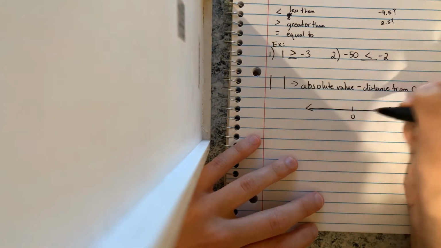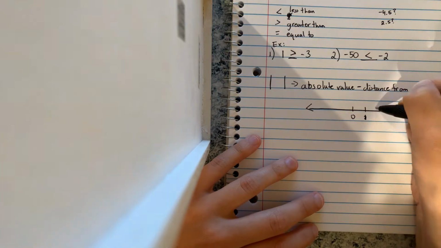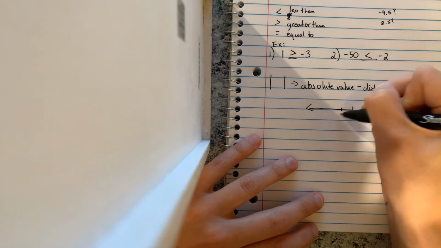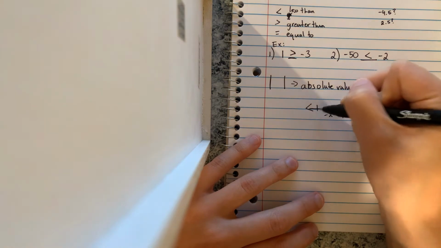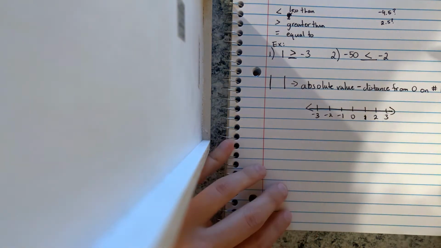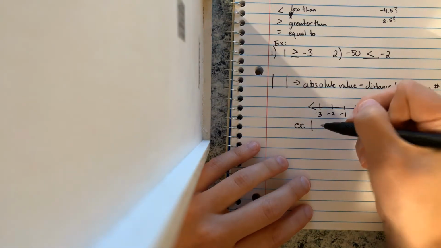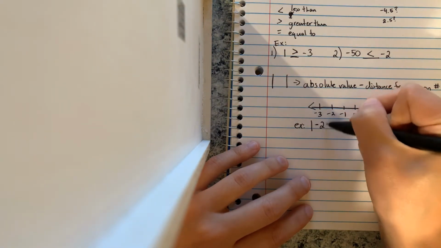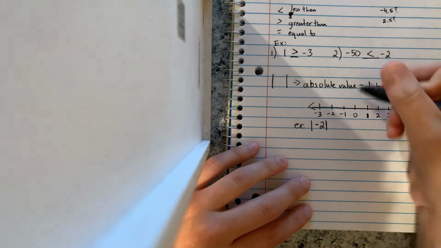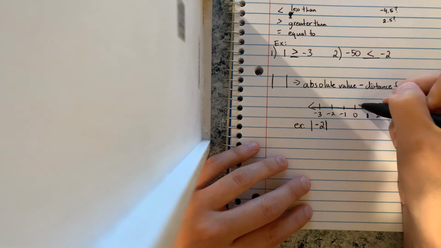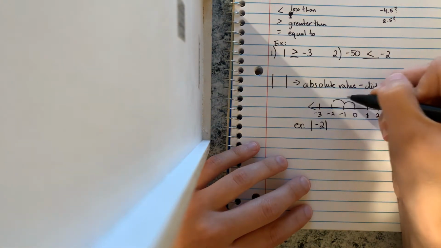Okay, so if we have our number line, we have 0, 1, 2, 3, -1, -2, -3. If we wanted to find the absolute value of -2, well, the distance from 0 on the number line would be 1, 2 units.